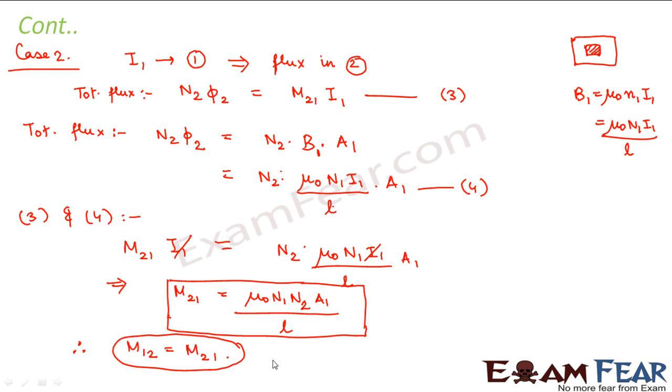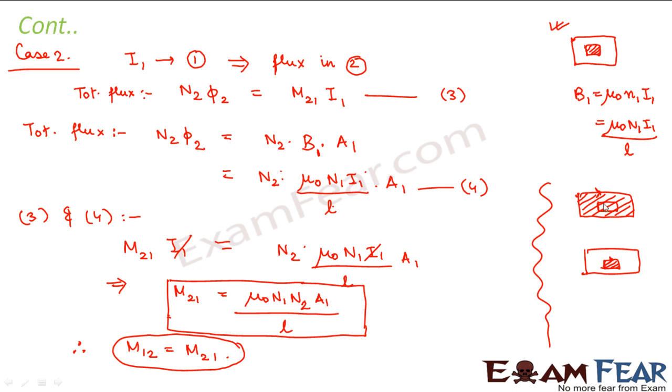Now what is the reason that both the values are the same? The reason is this basic fact, the thing which I explained here. Let me explain it once again. Let us suppose this is the larger solenoid, this is the smaller solenoid. The two cases which we discussed are, in the first case, current flows through this solenoid, so the magnetic flux this solenoid produces is like this. In the second case, current flows through this solenoid, so the magnetic flux it produces is like this.